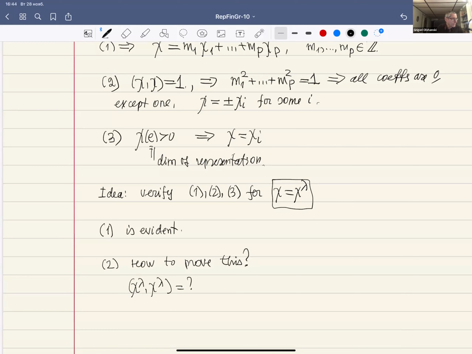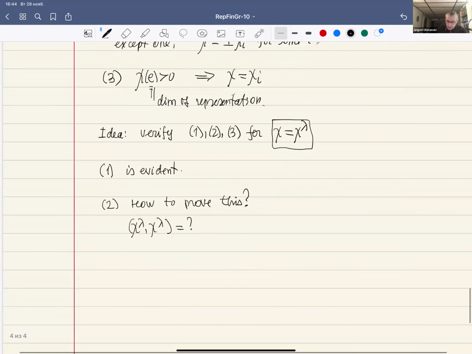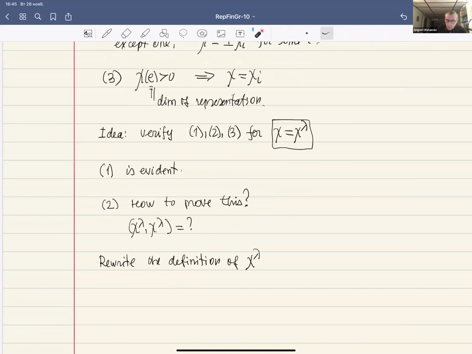So the idea is as follows. Just rewrite the definition of that. We rewrite this.